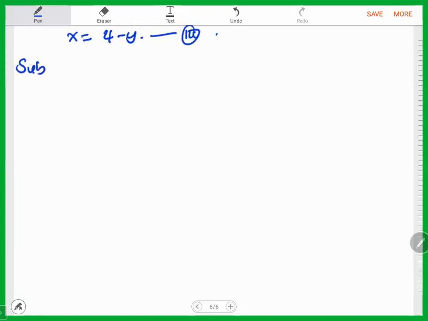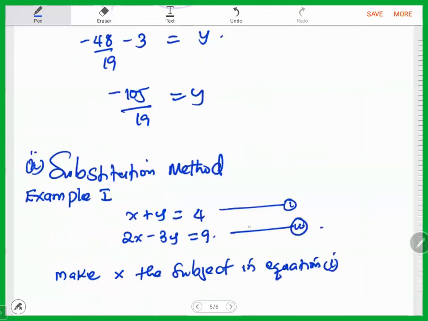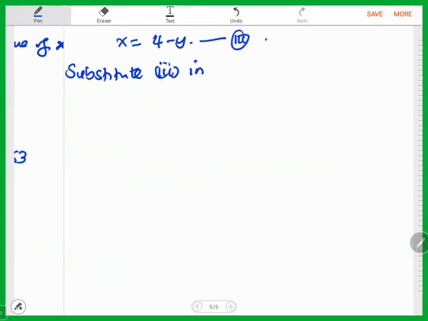Substitute in the remaining equation. When we use equation 1 to get x, the one we leave behind is where we are going to substitute the value of x.